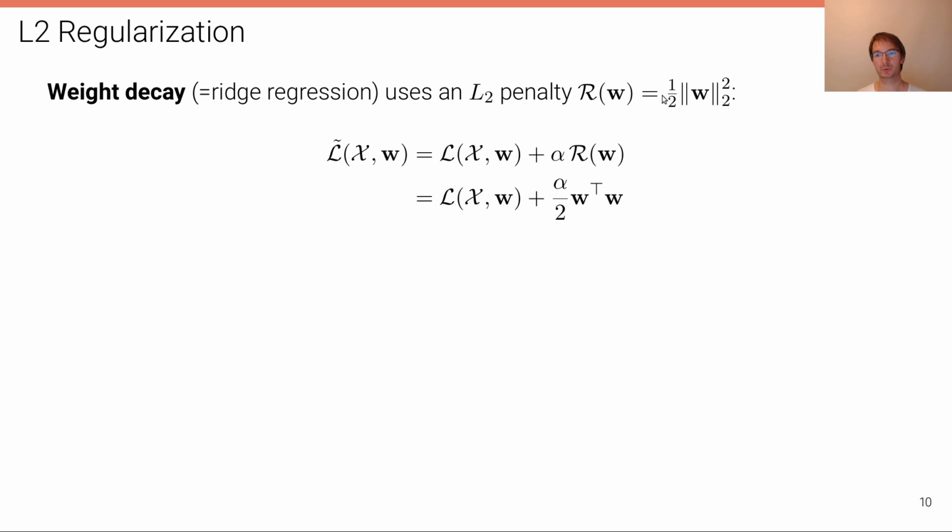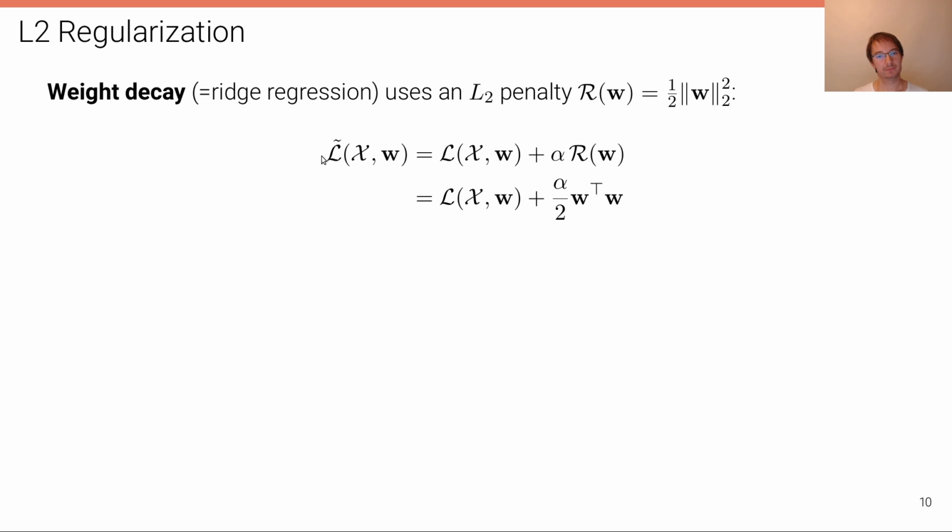So this weight decay, or L2 regularization, is simply an L2 penalty. R of W is a squared L2 loss on the parameters W. So each element of this vector is squared and added up.